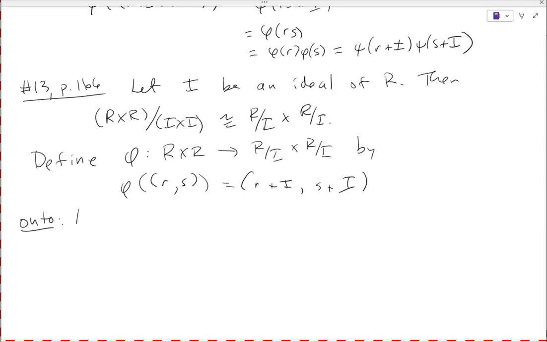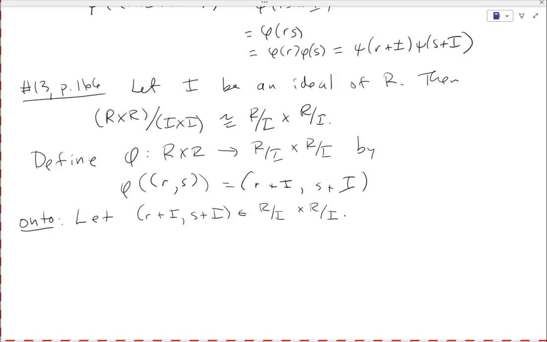Again, for surjective, for onto, we start with something in the codomain, something in where your outputs land. Our outputs land in R mod I cross R mod I. Elements in there are coset, comma, coset. So we'll start with an R plus I, comma, S plus I in R mod I cross R mod I. What element in R cross R do you think is going to map to that particular ordered pair?